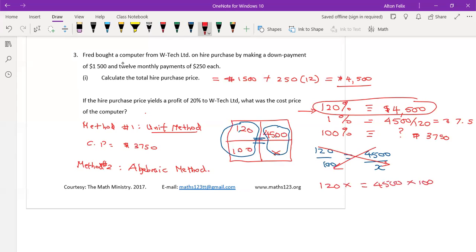If you're solving for x, you divide both sides by 120. Let's see what's going to happen here now. Well, I hope that method doesn't fail me. 4,500 divided by 120, let's do that. We're going to call up the calculator again.